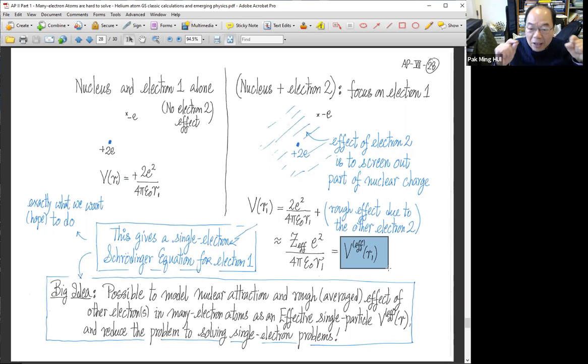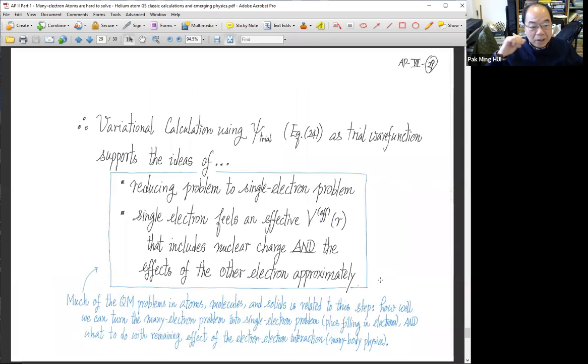That is the key concept emerging from this discussion. So, conclusion: the variational calculation using this trial wave function supports the idea that it is possible to reduce the complicated problem into a single-electron problem.